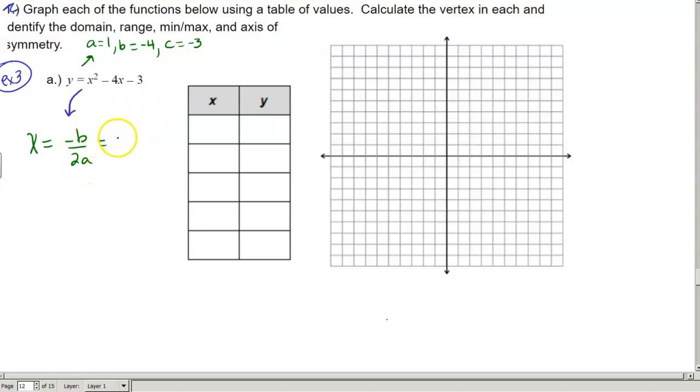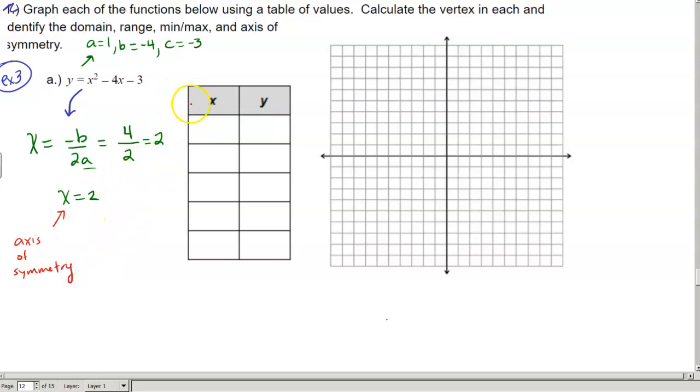We could say this is negative b, which is going to be negative 4, so this would be positive 4 over 2a. And a is 1, so this would be over 2. So I have 4 divided by 2, which is 2. So that means that my x equals 2 here, and this is my axis of symmetry.